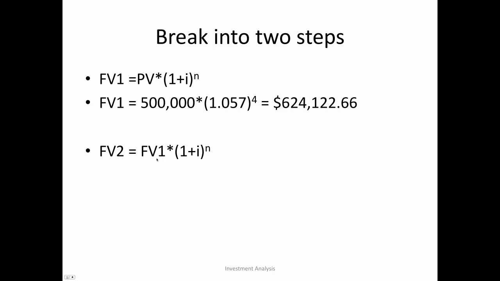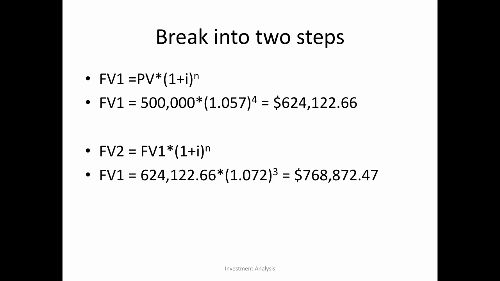So instead of substituting in $500,000, we would substitute in $624,122.66, and then the appropriate interest rate and number of time periods to reflect what we think we can get in that second period.